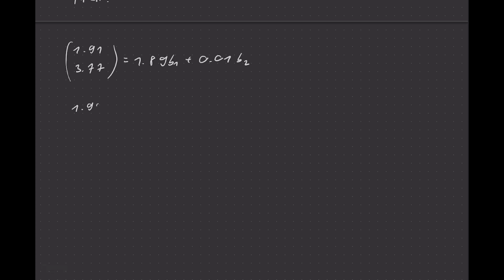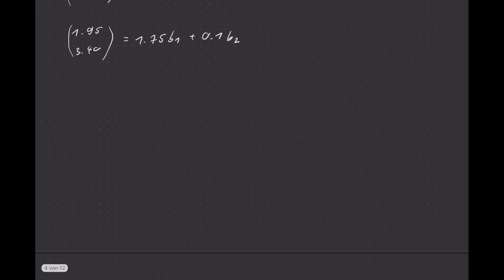I'll write down the results for you. This is (1.95, 3.4), that was the second vector. That is 1.75 B1 plus 0.1 B2. The next one, (0.46, 1.02). That can be written as 0.5 B1 minus 0.02 B2.